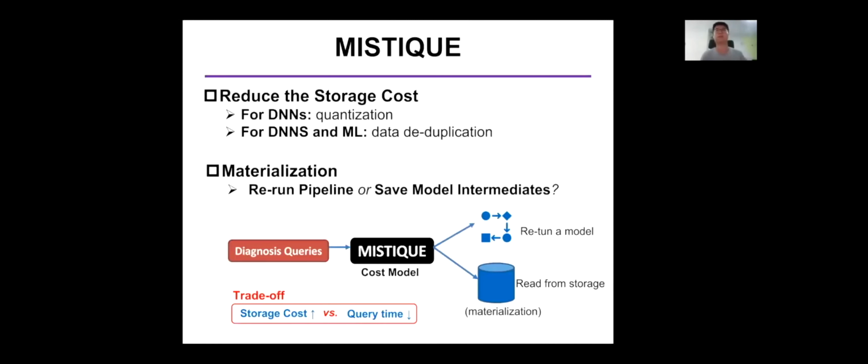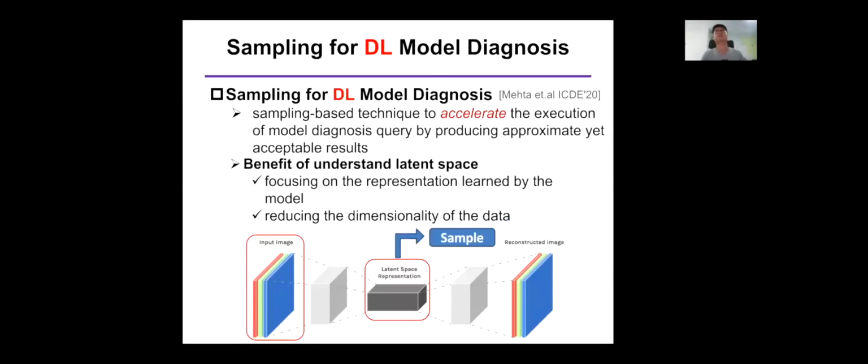And it also provides a materialization technique that considers the trade-off between rerunning the entire pipeline or saving the model intermediates between the different iterations of the machine learning pipeline. It is a trade-off between storage cost and query time.